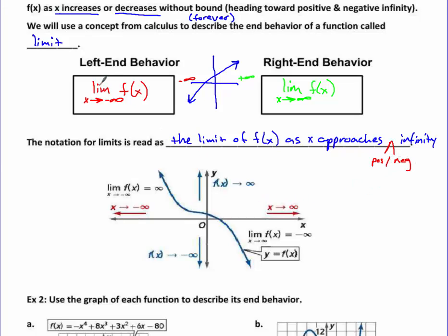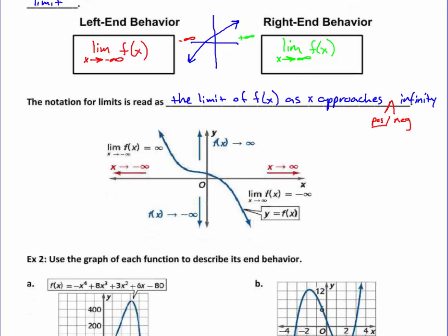So the way we'd say the left end behavior is this is the limit of f of x as x approaches negative infinity. For the right end behavior, we're going to say this is the limit of f of x as x approaches positive infinity. Or you could just say infinity and it's understood that it's positive. But for now, let's keep the positive and negatives to make everything straight in our heads.